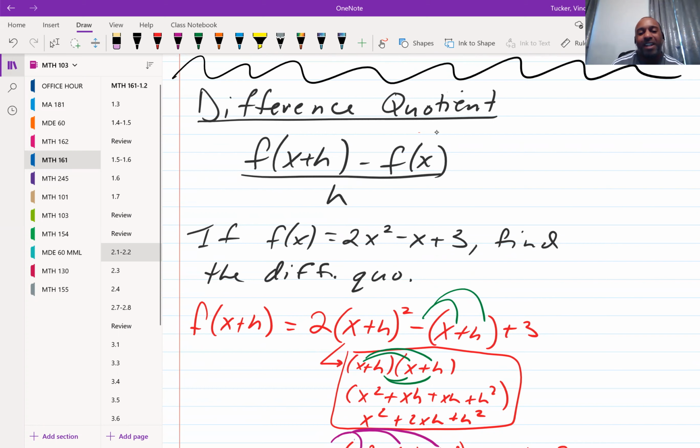So we need to expand x plus h squared and then distribute that negative in the following parentheses. So that expansion is right here, x plus h times x plus h.